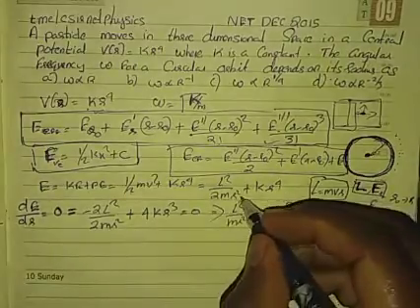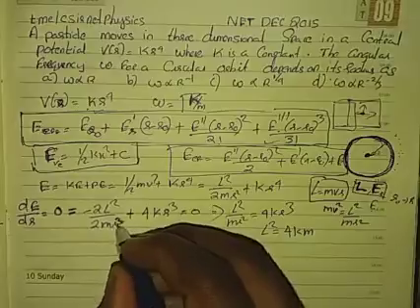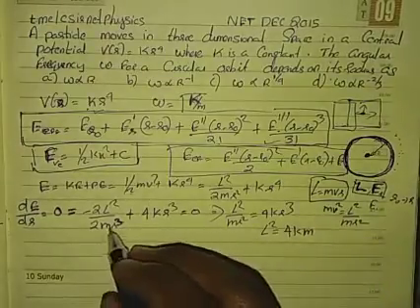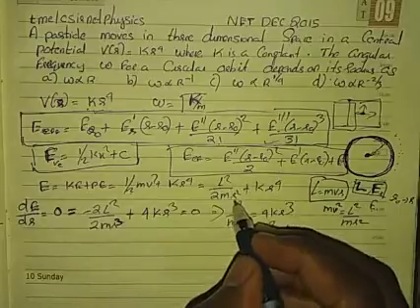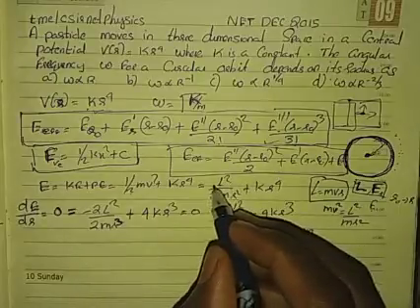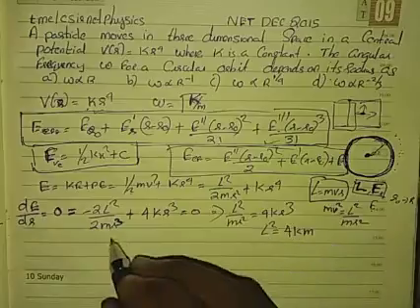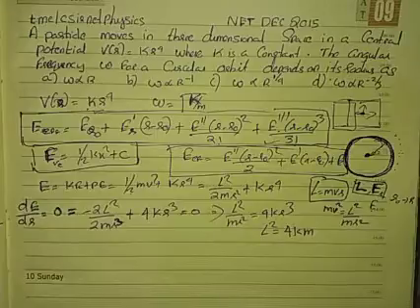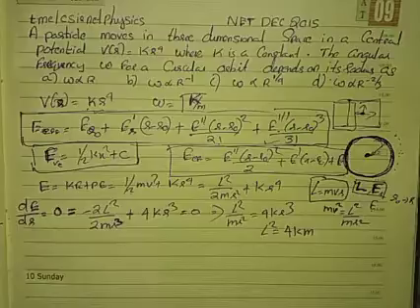I just took the derivative, there is a cube here, sorry, that was a mistake. When you take the derivative with respect to 1 by r square, you get minus 1 by r cube. Okay, now we are on track.